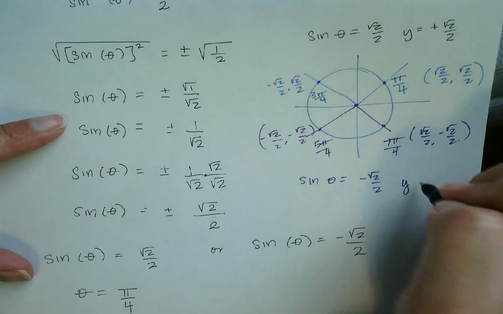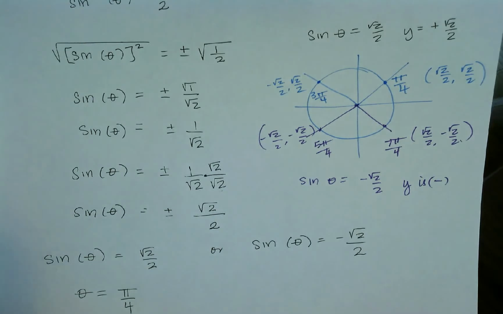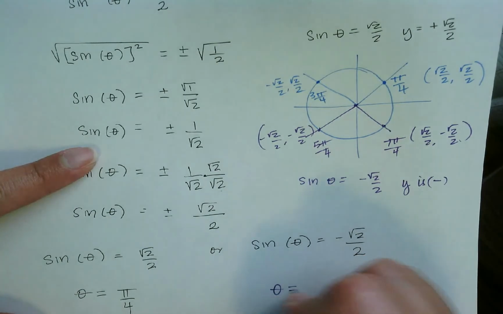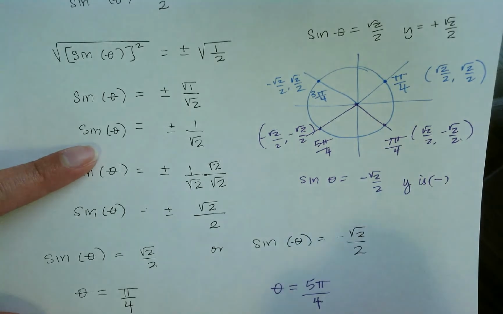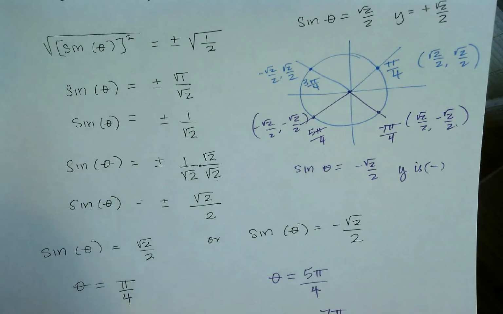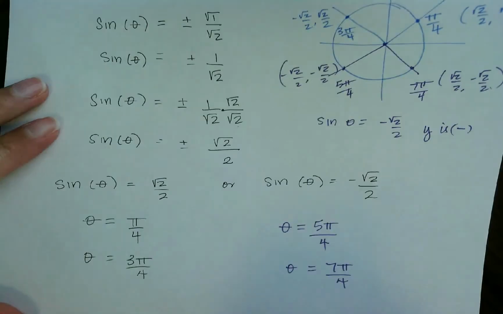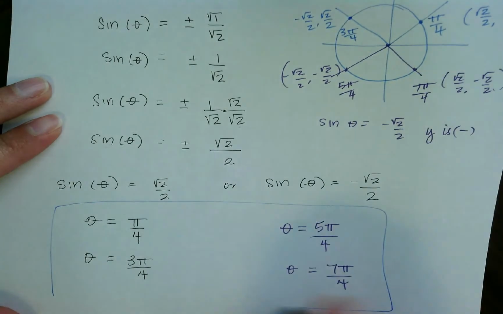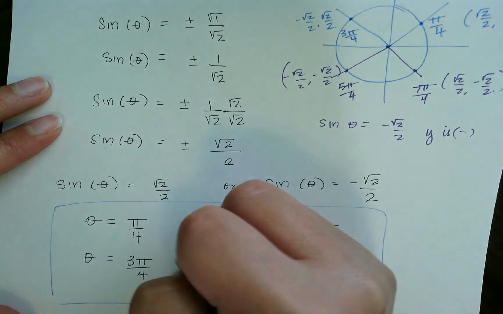So that is theta equals 5 pi over 4, and theta equals 7 pi over 4. Okay, so all 4 of those solutions must be listed. These are your primary solutions to our equation.